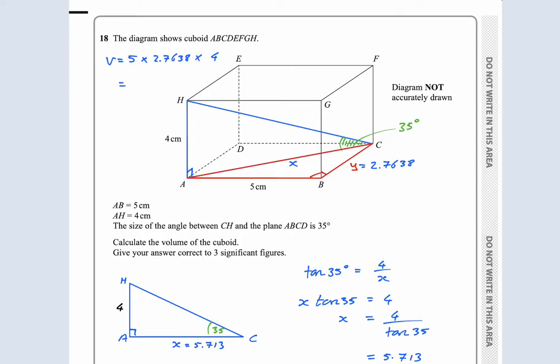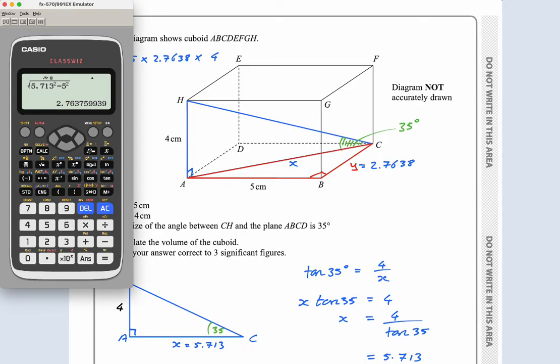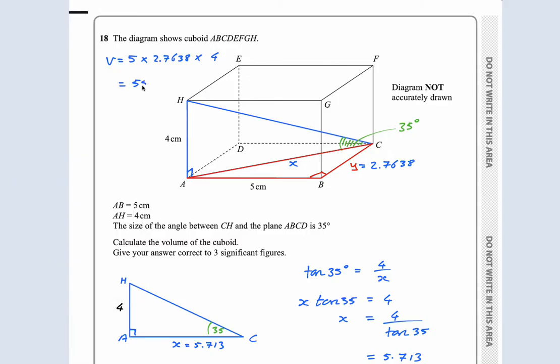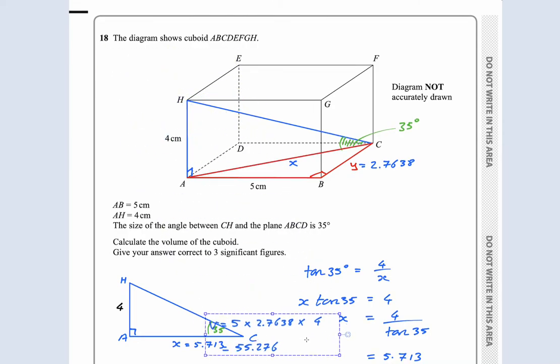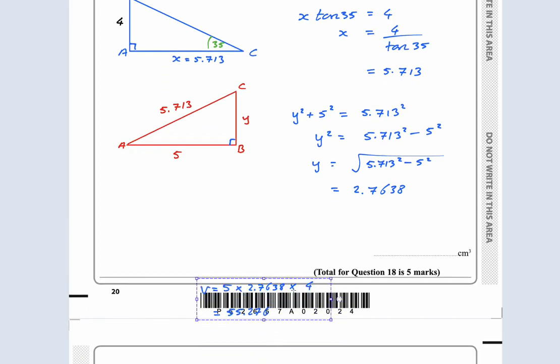Using our calculator, 5 times 2.7638 times 4 gives me 55.276. This bit I just did there so you could see it, but let's put it down here.